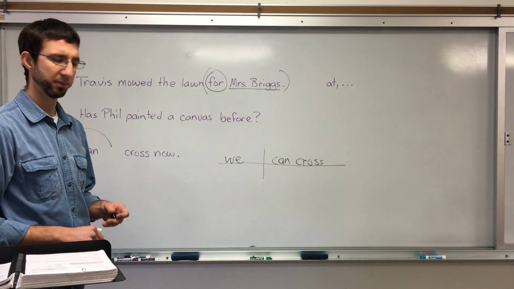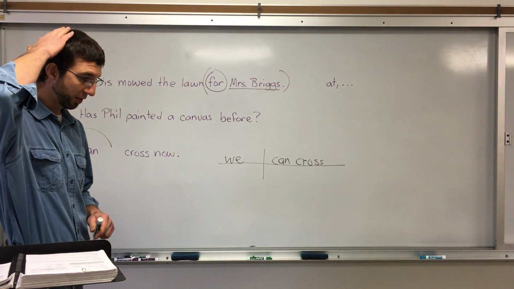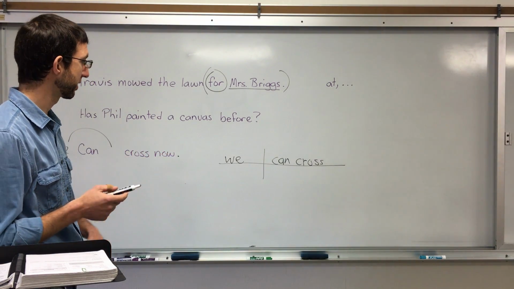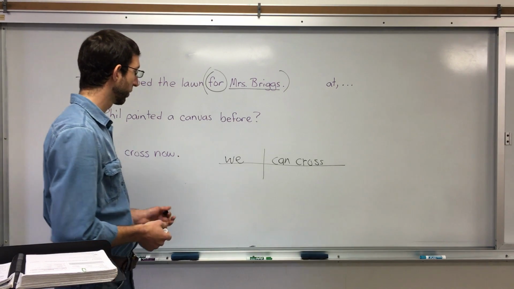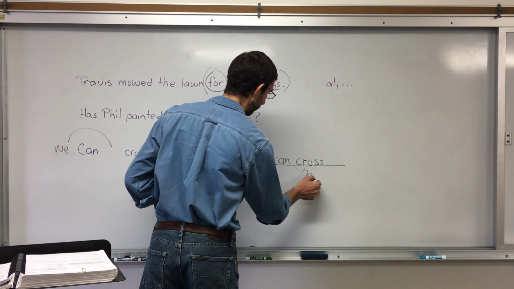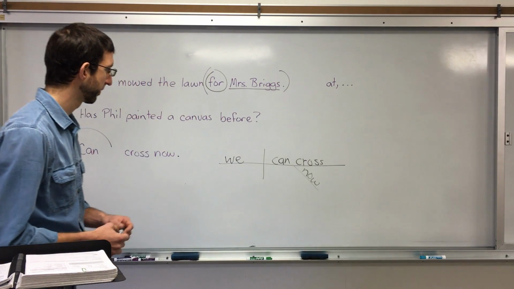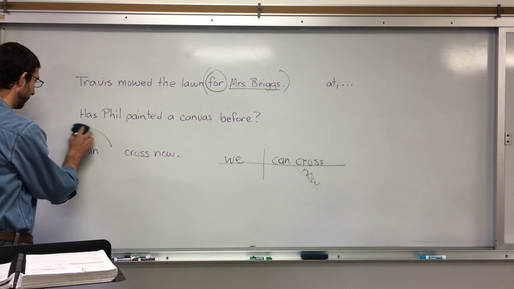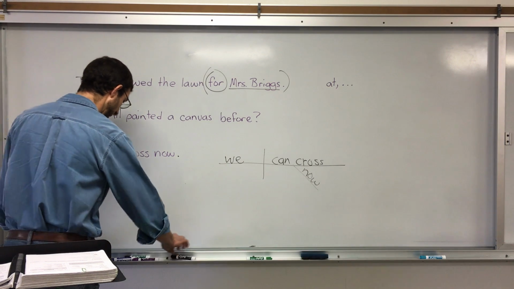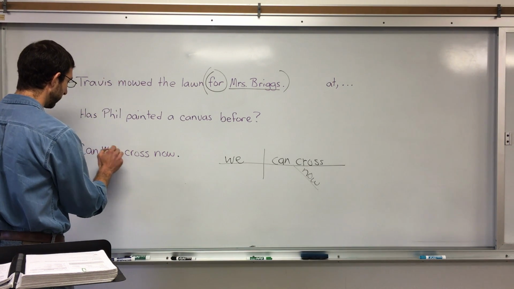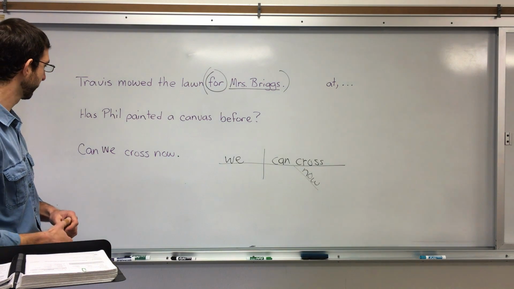What is now? Use your hardware. It tells how, when, or where, right? We can cross when? Now. It's an adverb. Okay, so you see why it's easier to turn it into a statement.